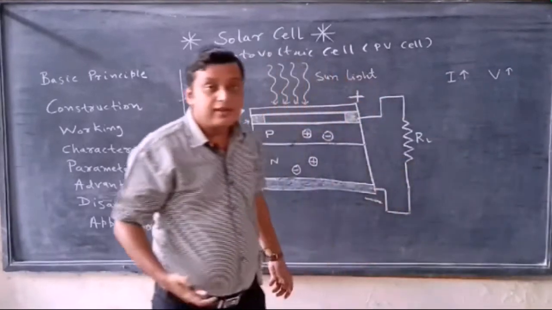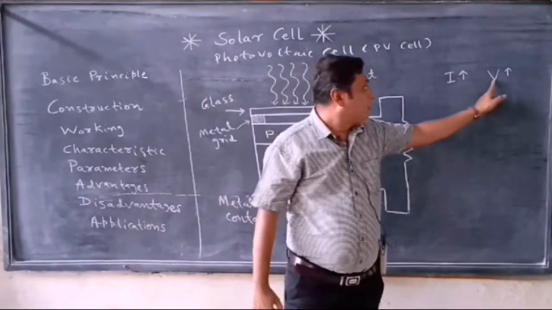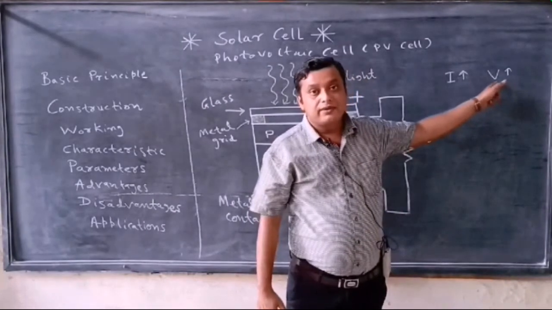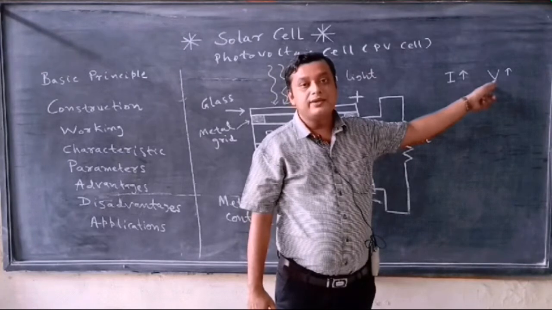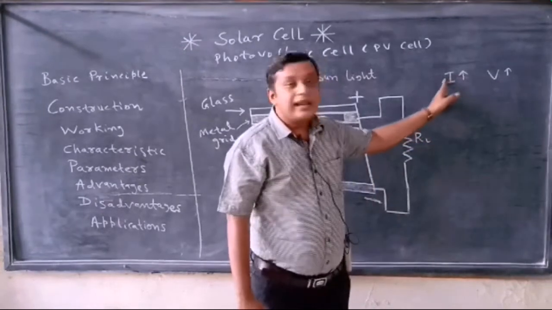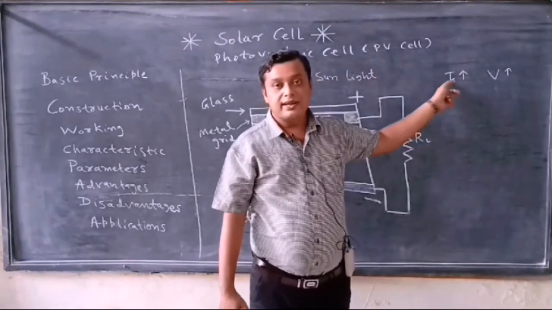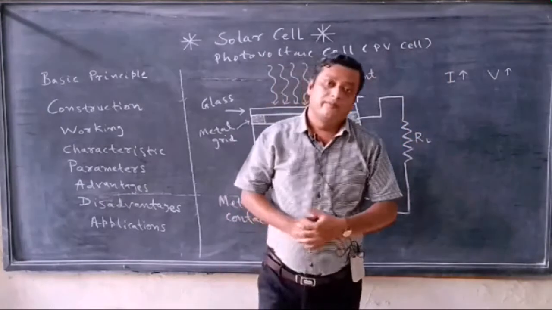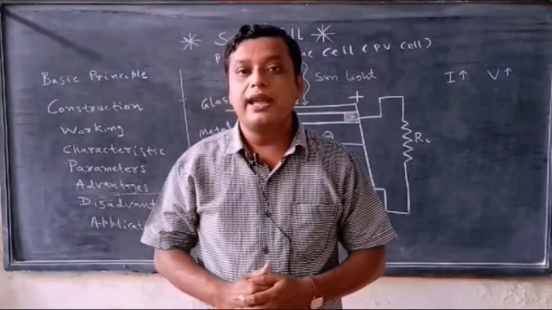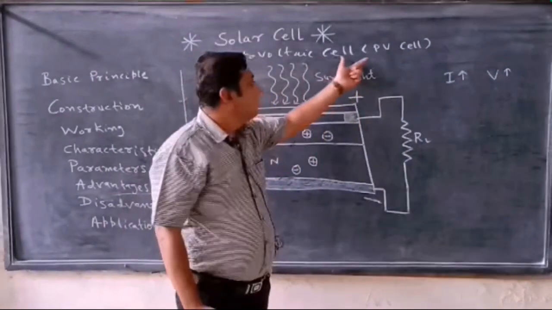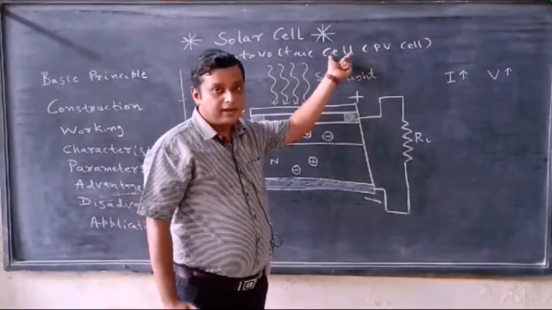So in short, we can say that the voltage generated across the solar cell is proportional to the incident intensity of the light. That's why the solar cell is also known as a photovoltaic cell, PV cell.